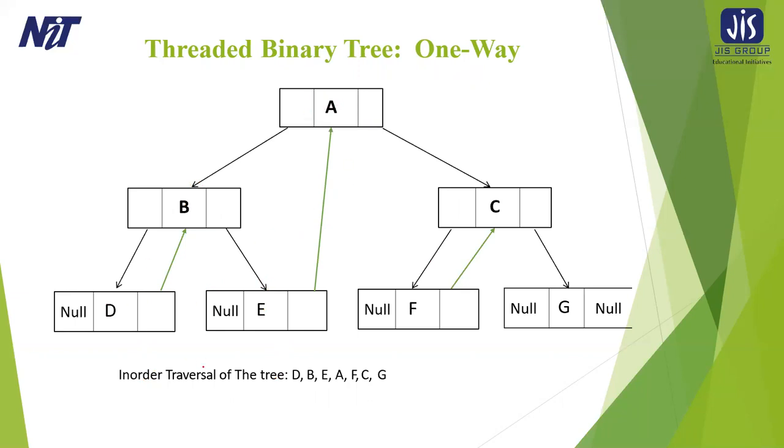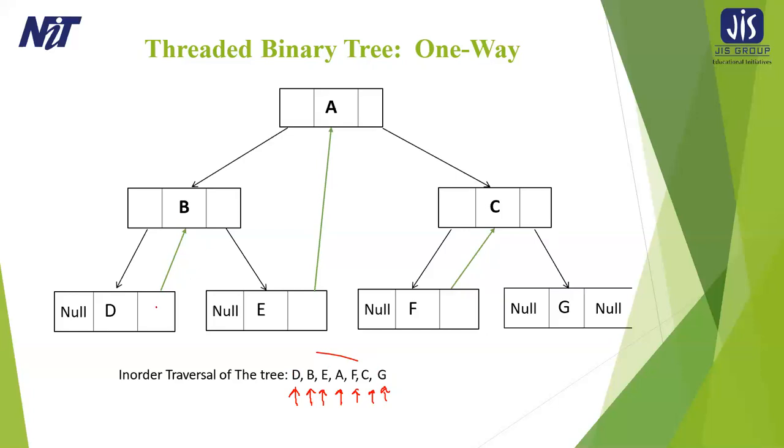So first D, then B, then E. The left subtree is complete, then the root, that is A. And all the right subtree: F, C, then G. So this is my in-order traversal of this binary tree.